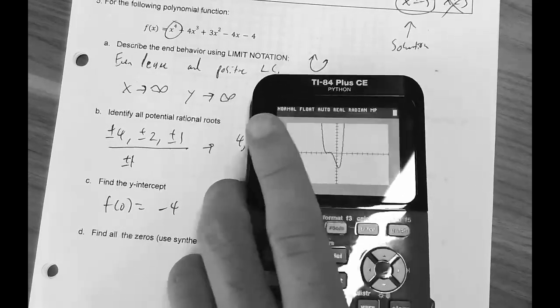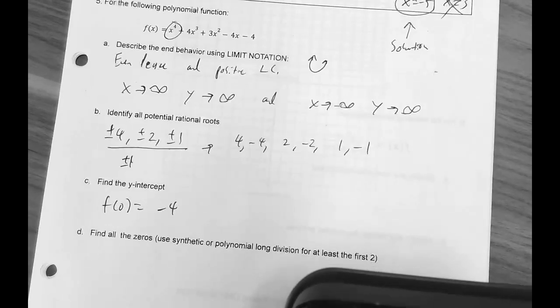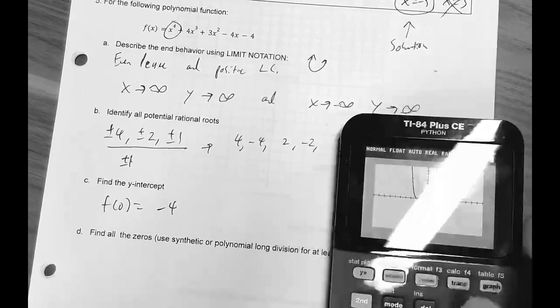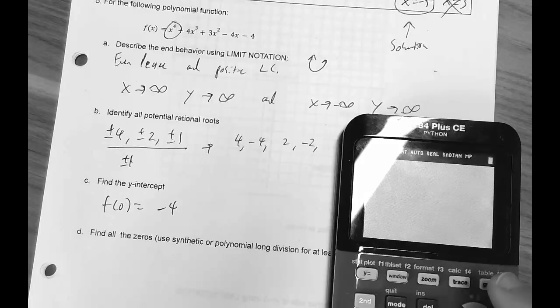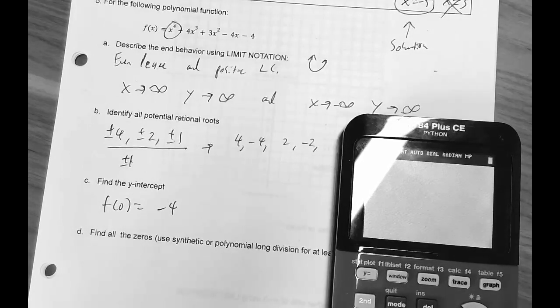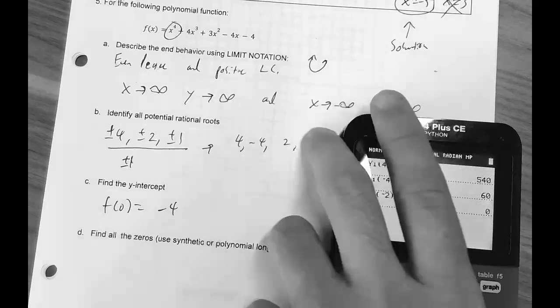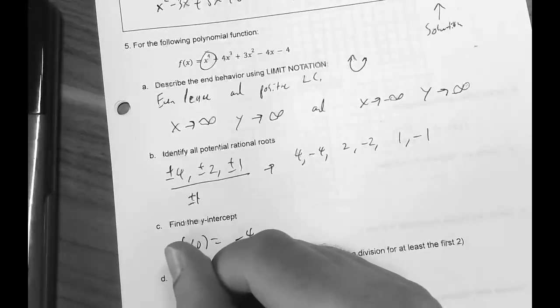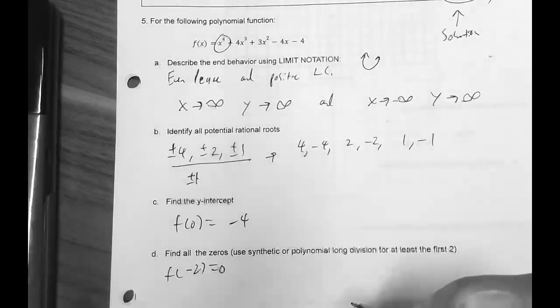How I would want you to show me that is, if we go to home screen and you go to alpha, alpha trace, and we go to y1 parentheses, and we plug in our roots, and I plug in like a 4, I can see that equals something. So I can try, okay, -4, I can try -2, right? So I can see because f of -2 is 0, that's going to be a root.